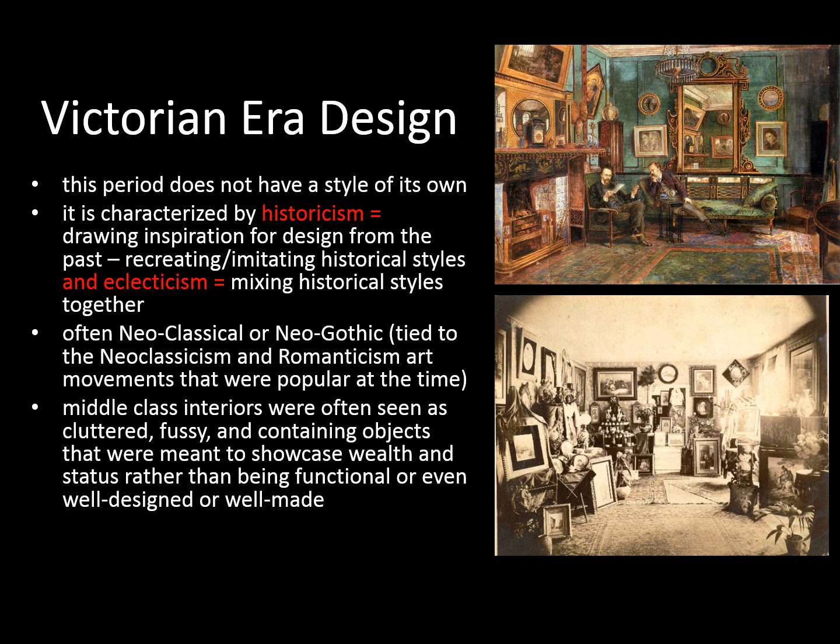That they're cluttered, they're fussy, they have objects that are not really functional or even well designed or particularly well made, but that are meant to showcase wealth and status, right? Rather than being useful in any way, and to have just a lot of them. And that was one of the ways that the emerging middle class differentiated themselves from the working class.